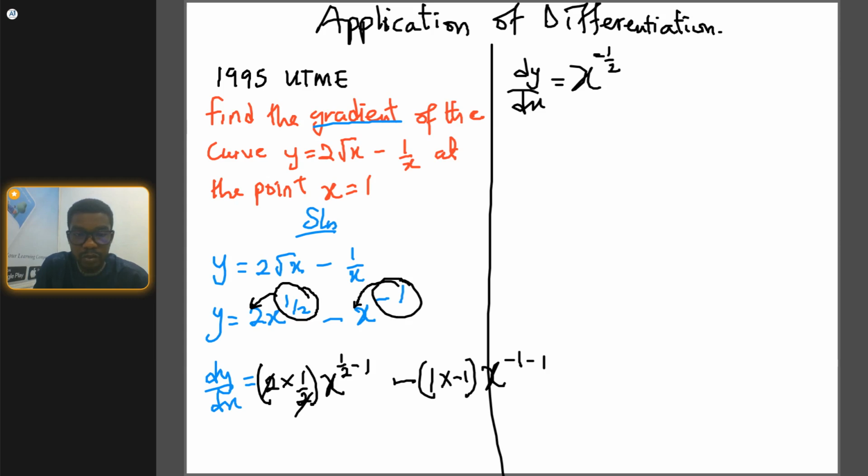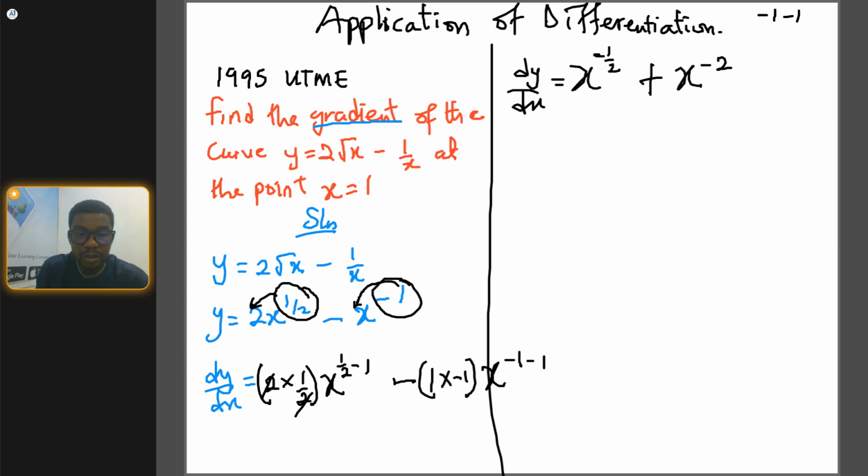Negative 1 over 2 minus, in bracket, 1 times 1 is still 1, but there's a minus in the bracket. So the minus in the bracket multiplied by the minus outside the bracket is plus x raised to power minus 1 minus 1, which is minus 2.